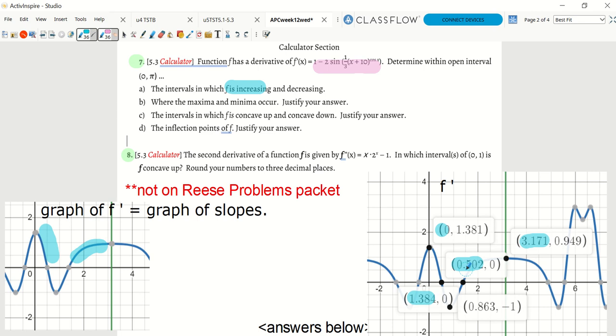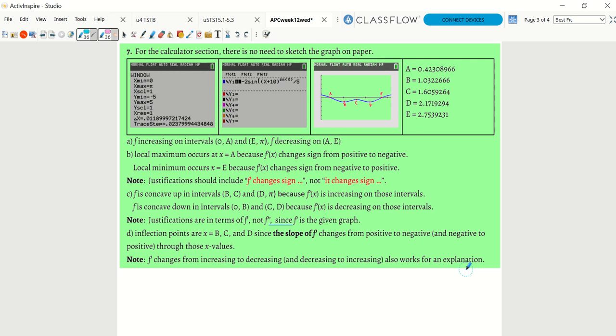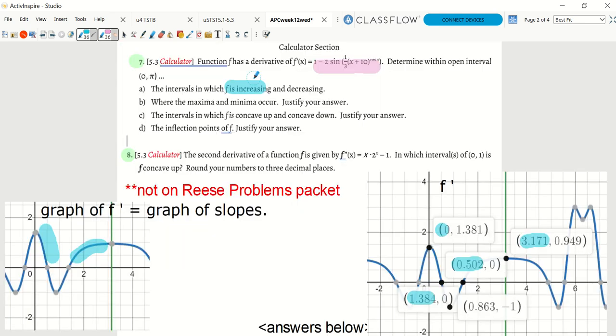Why is there a discrepancy between my graph? X plus 10, why is it X plus 10 over here divided by 5?